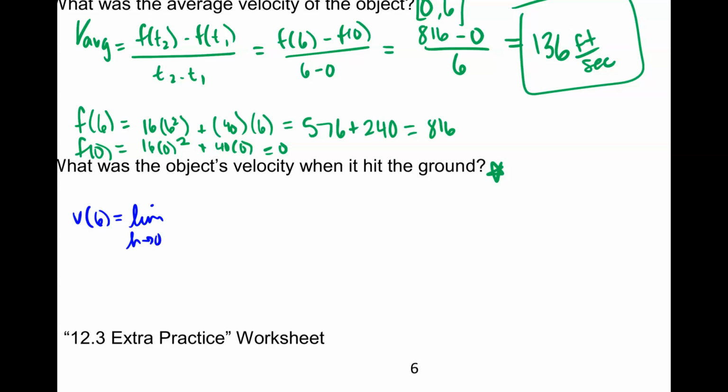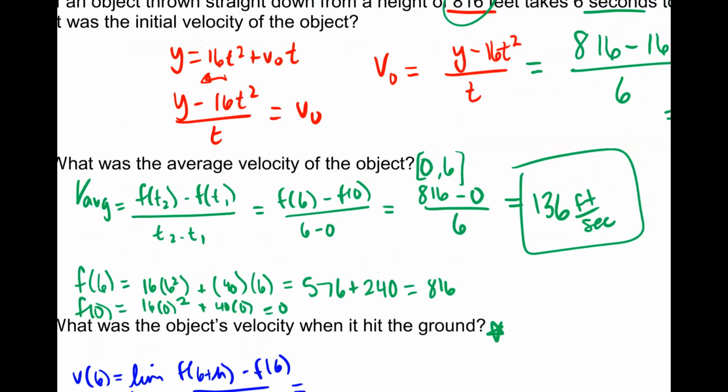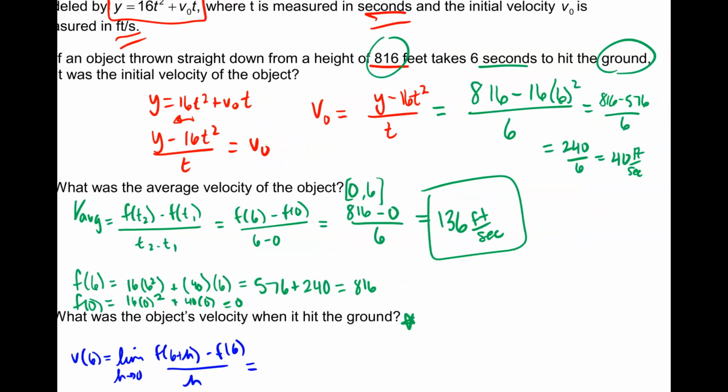Okay, so we want f of 6 plus h minus f of 6 all over h. So let's scroll up so I can see my equation. All right, so I'm wanting the limit as h approaches 0 of 16 times 6 plus h squared plus, let's see, our v naught, our initial velocity was 40, times 6 plus h.